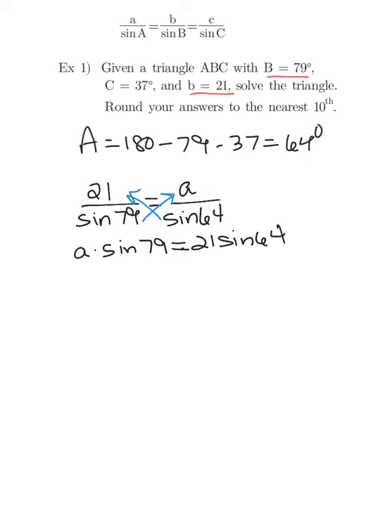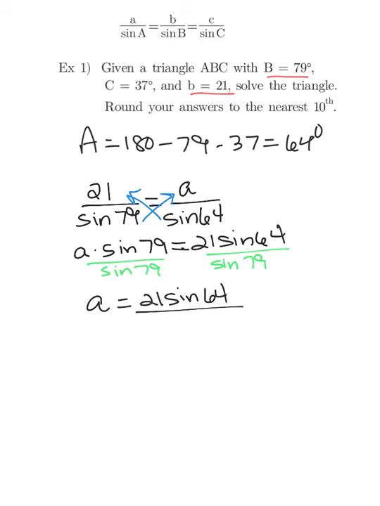We need to solve this for A, so we're going to divide both sides by the sine of 79. So A equals 21 times the sine of 64 over the sine of 79. If you do that on your calculator, remember to round to the tenth, you should get 19.2.